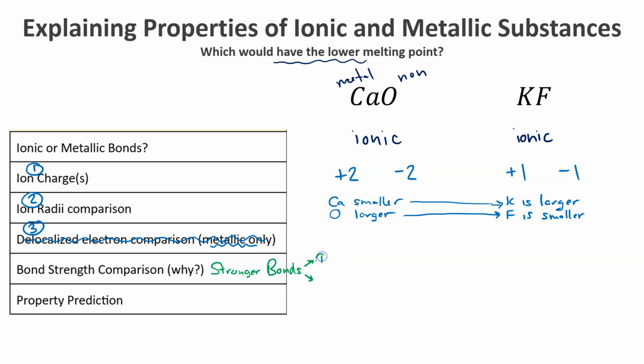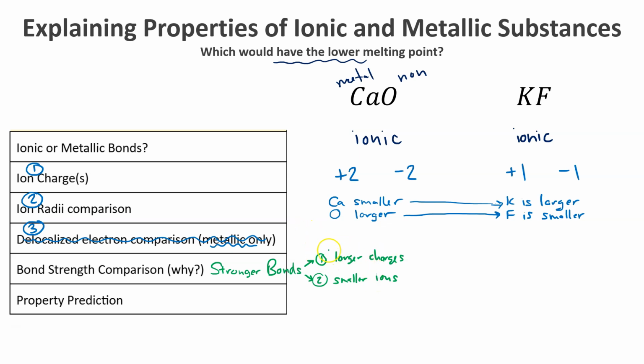Number 1 on the list, stronger bonds are going to be associated with larger charge magnitudes, or simply larger charges within the ions of the substance, and that's what we've got with calcium oxide with those 2s. Stronger bonds are also going to be associated with smaller ions. That allows the ion centers to be closer together. And when charged particles can be closer together, they're going to be more strongly attracted as well.